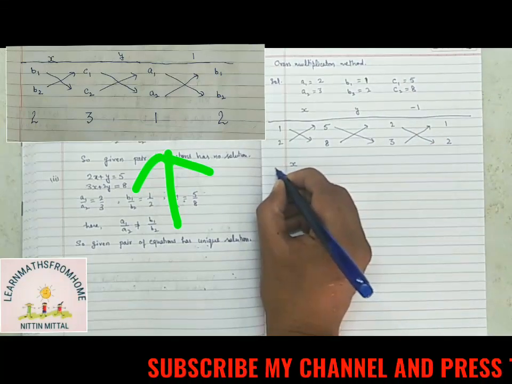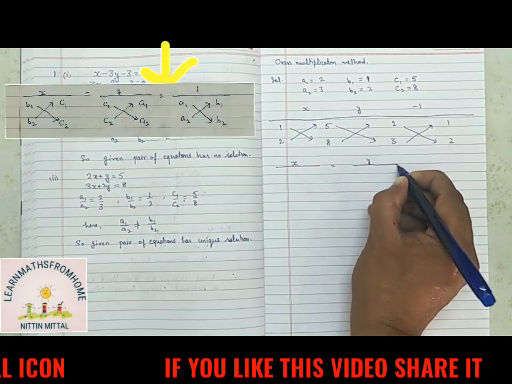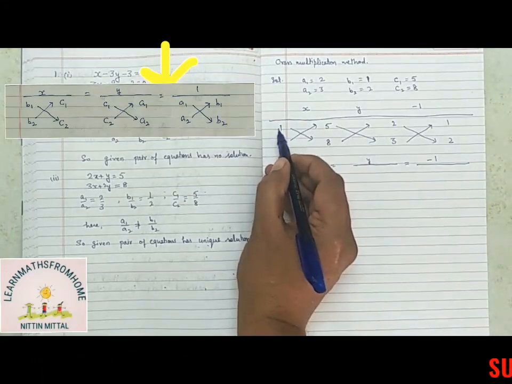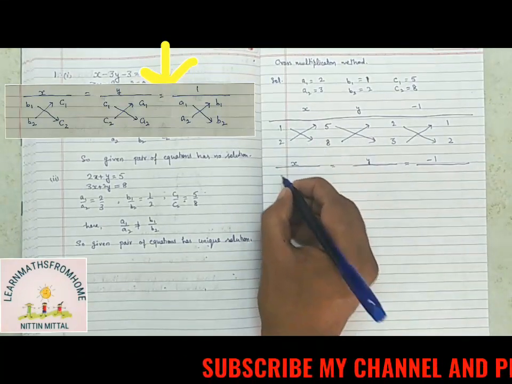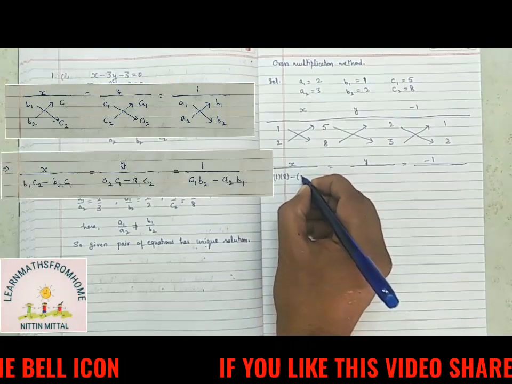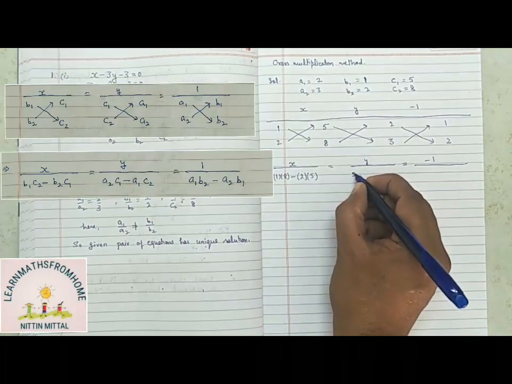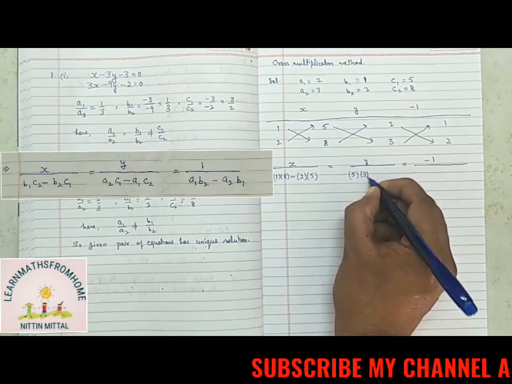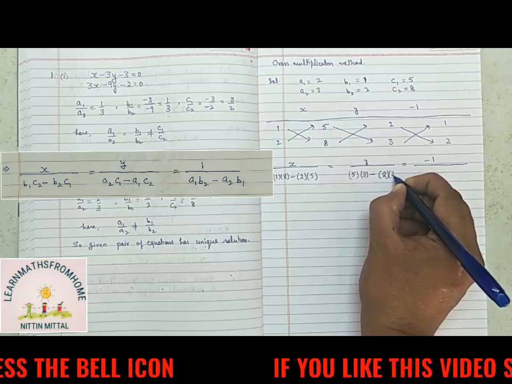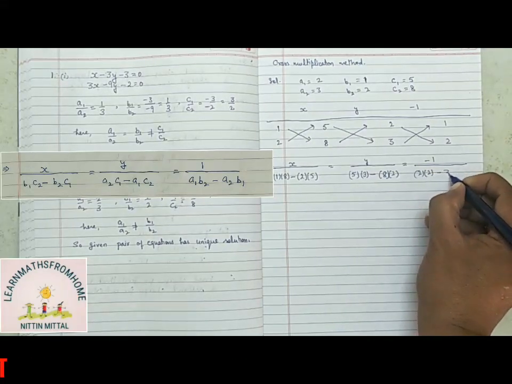Now we will be finding the product as per the method. Here we have to start with the upper left. So 1 into 8 we have to multiply, and we have to subtract the other product, that is 2 into 5. Same thing we have to do here: upper left product first, and subtract the other one from it. 8 into 2, and here 2 into 2 minus 3 into 1.